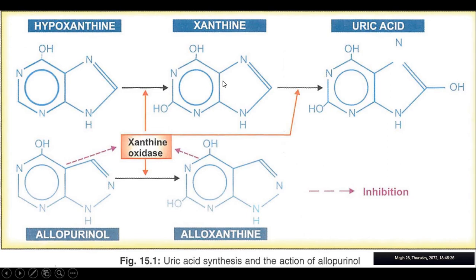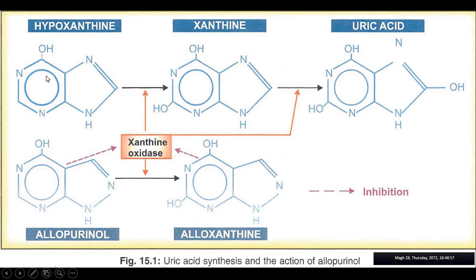Xanthine and hypoxanthine increase, but they are soluble and are thrown away in the urine, and no uric acid is formed, so no crystallization in the joint, no deposition of sodium urate in different connective tissue, so no acute arthritis, or no chronic deposition of urate resulting in tophus. So I think I have made my point clear here.